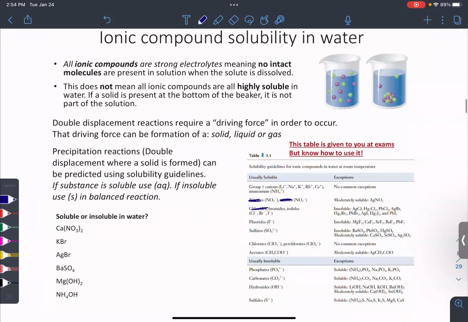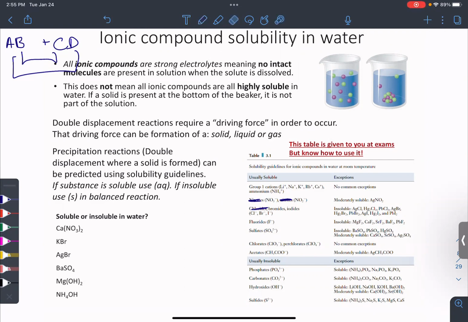When we have a double displacement reaction, we have two sets of cations and anions reacting with one another, and they swap partners. Our ions will only swap when one of the products is a solid, liquid, or gas. This table tells us what ionic substances form solids or are typically soluble in water.